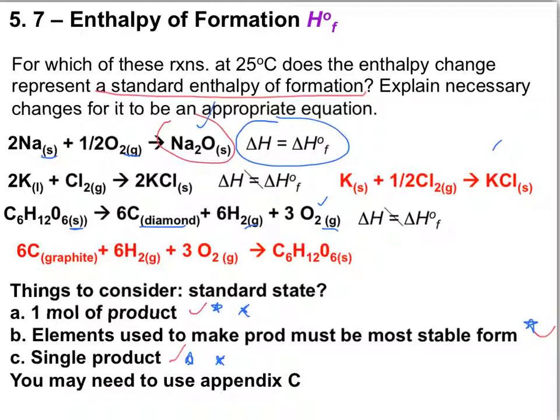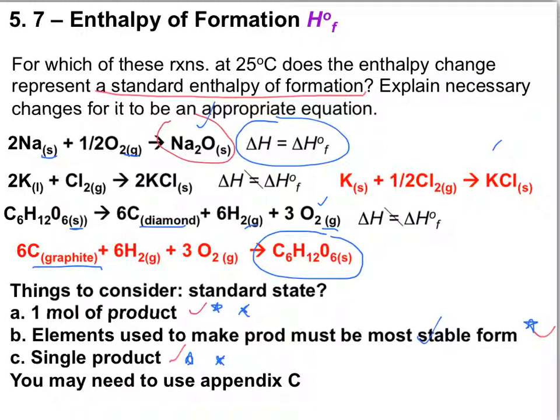So we have some of the characteristics that we need, although we still are going to need to fix one of our products. So what we do in this specific case is we're going to have to flip the equation, right? And when we do that, we end up with a single product. Okay. We're also going to have to replace our diamond with graphite.